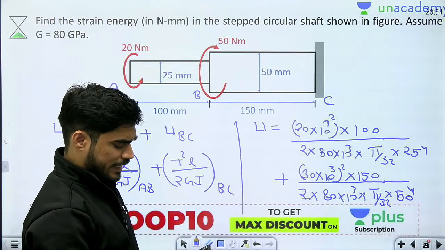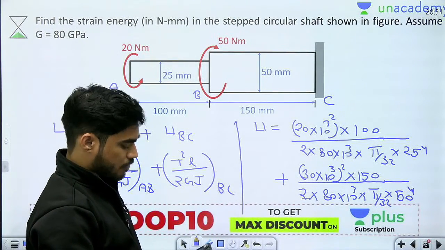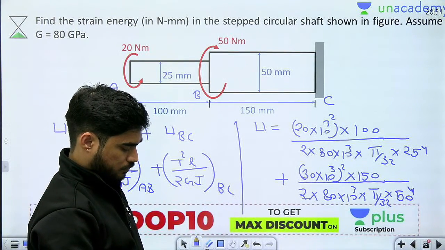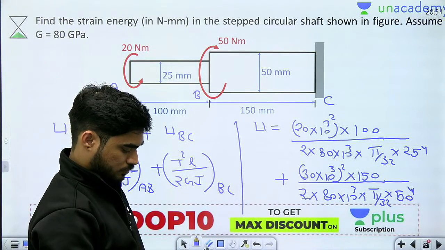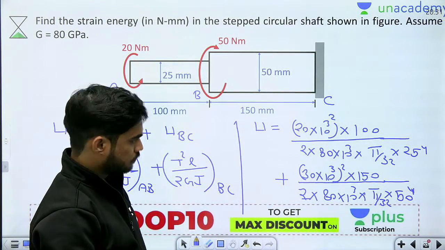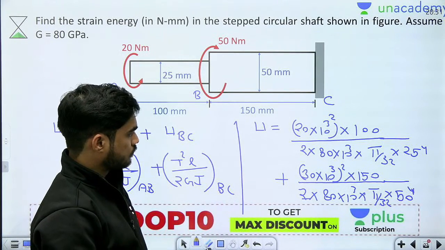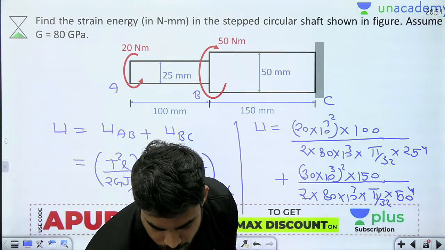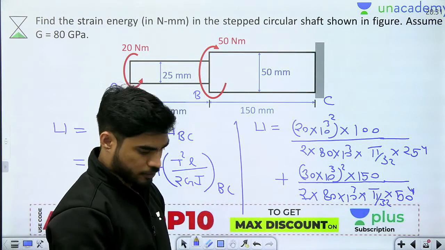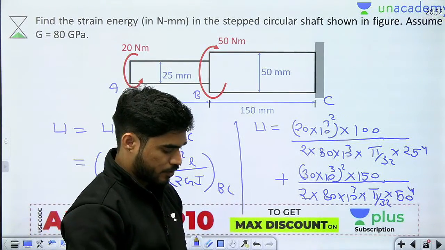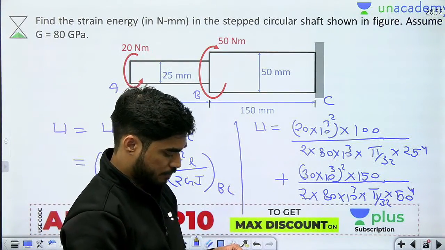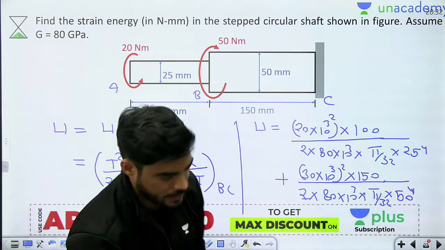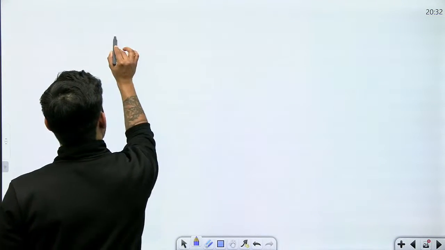So I am getting 7.894 Newton mm. Am I wrong? Are you getting this? Someone please get the right answer. Yes Gopala Krishna, yes brother, you are right.